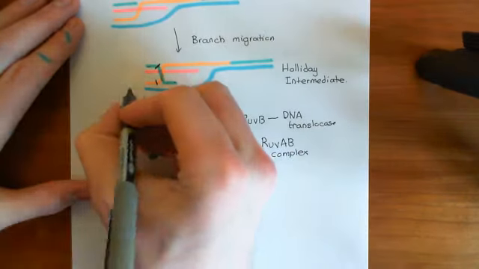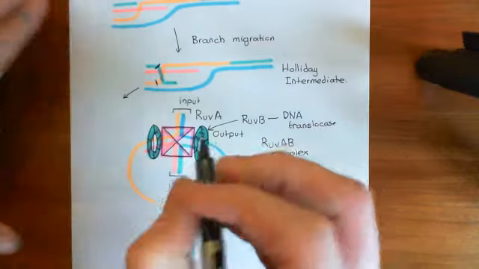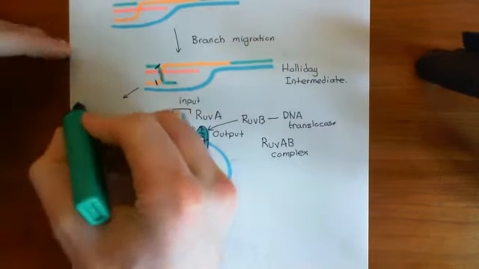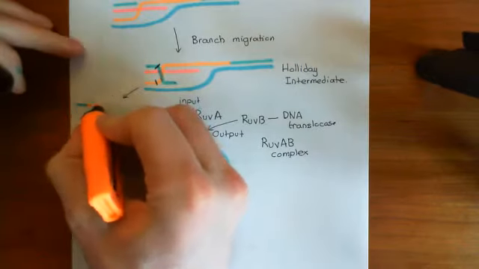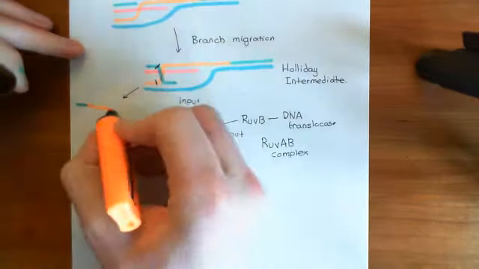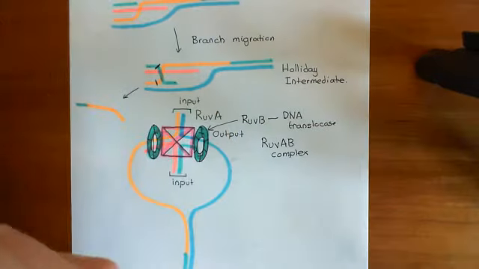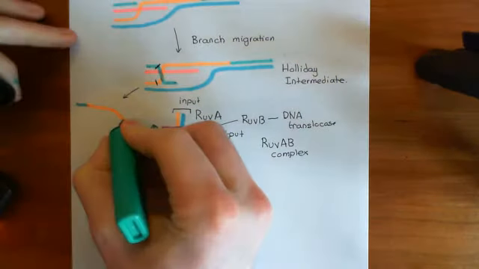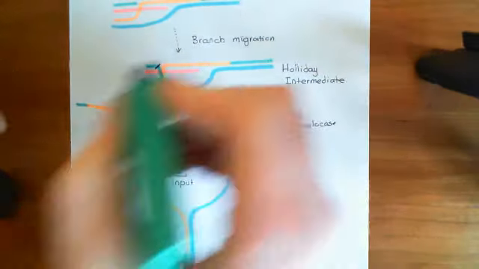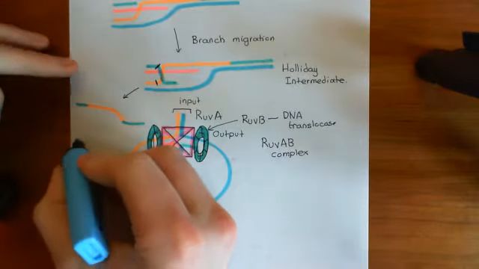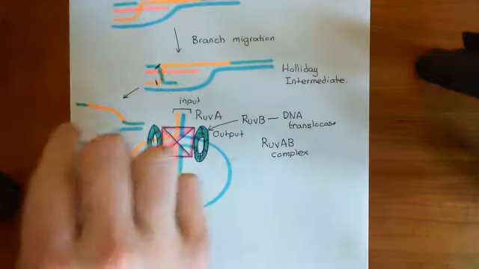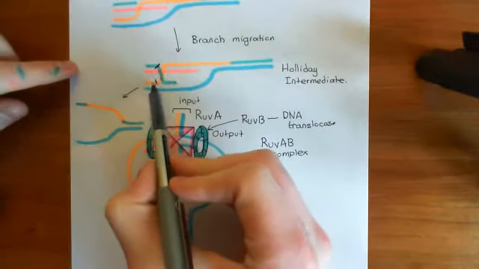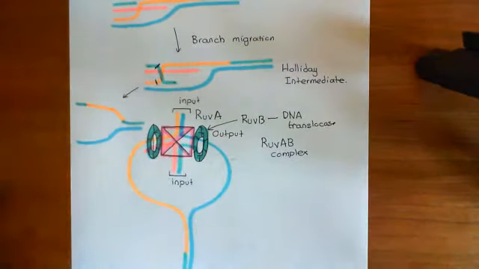Okay, and remember what that overall produces is, to draw the final product here, we have our turquoise strand with our orange strand, so this is this large portion of the orange strand, and then it will have the turquoise strand downstream of that, that's this portion. Then we've got the blue strand here. Okay, and then on that blue strand, what have we got? We've got this orange portion here and then the turquoise portion.